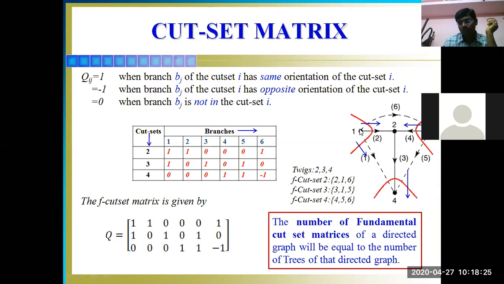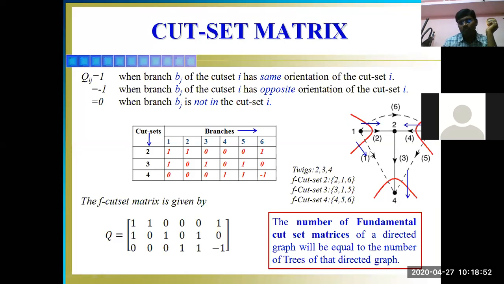You take this node as reference because we are removing this node. The twig is moving away from node 1 and we are removing node 1, so take this direction away from node 1. For the second branch, the twig direction is similar to the cut set direction. Therefore, for second it is 1.